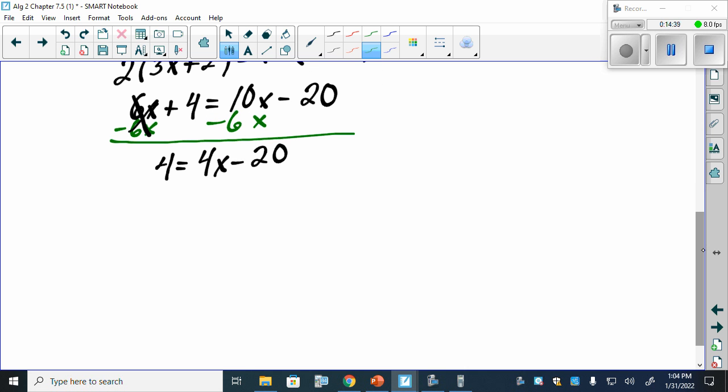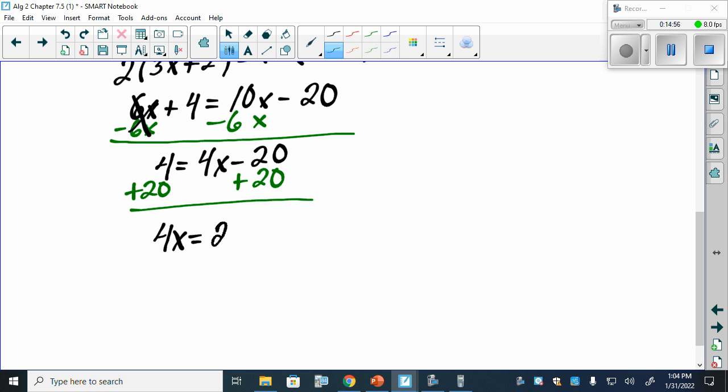Then what can we do next? We would add 20 to both sides. And if we add 20 to both sides, we get that 4x is equal to 24.